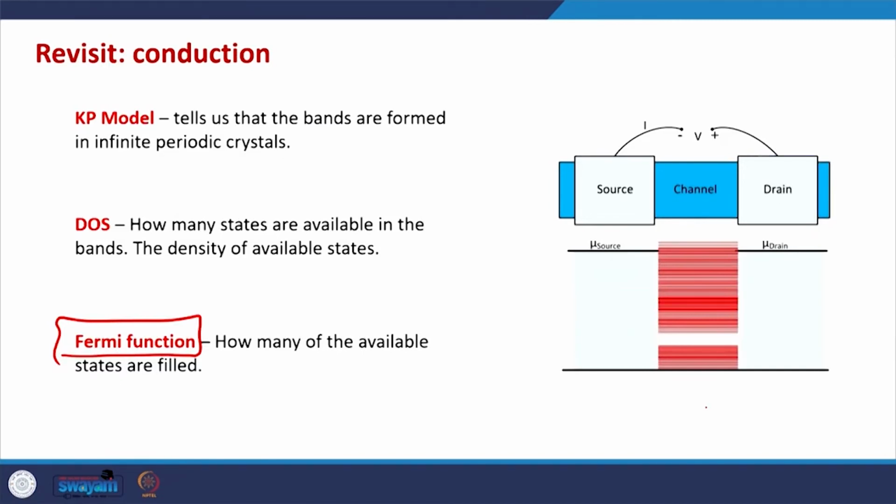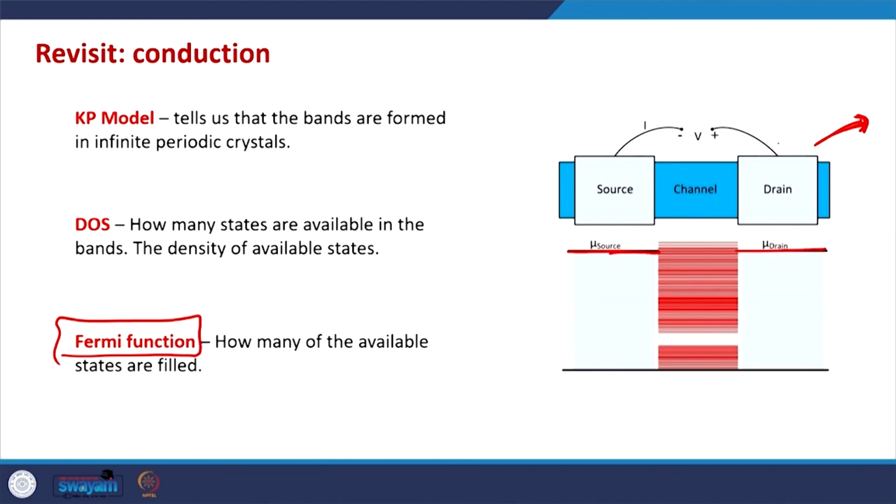As we have repeatedly seen for conduction, this is the prototypical 2 terminal device that we take in order to understand the theory of transport. In this device, if there is no applied voltage, the source Fermi level and the drain Fermi level are at the same level.